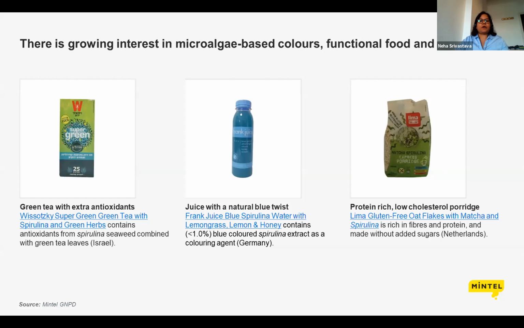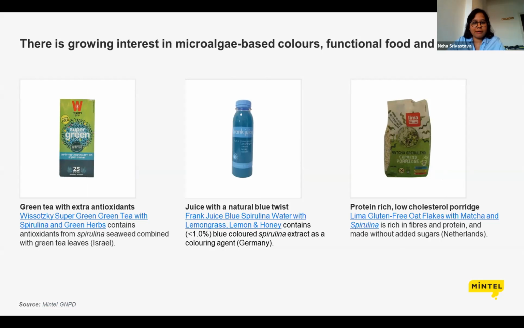There are some products which are already in the market and they use different components of microalgae to provide functional or futuristic benefits. So for example, a green tea launched in Israel is claimed to be rich in extra antioxidants, and they are increasing the antioxidant component in green tea with the help of spirulina.